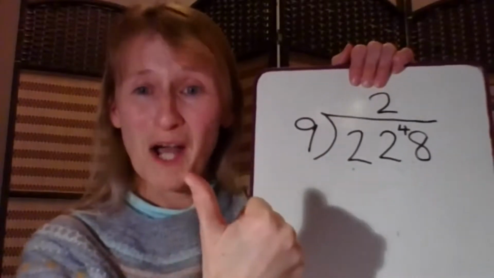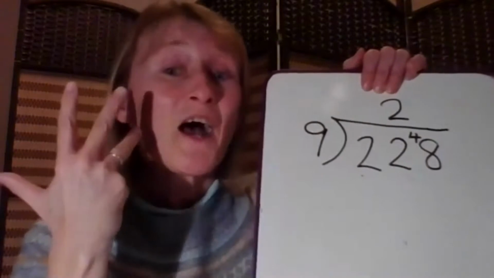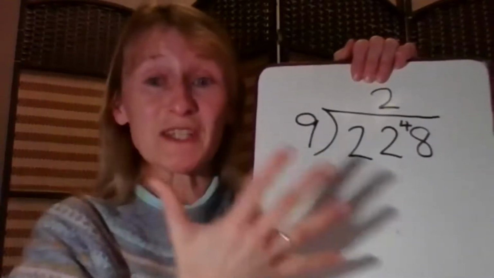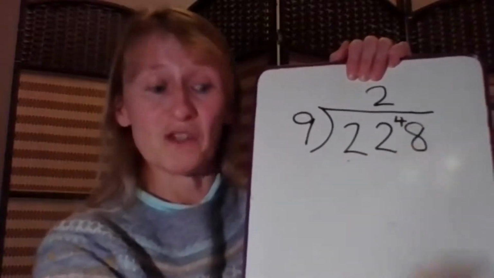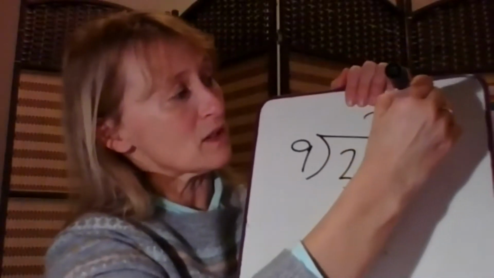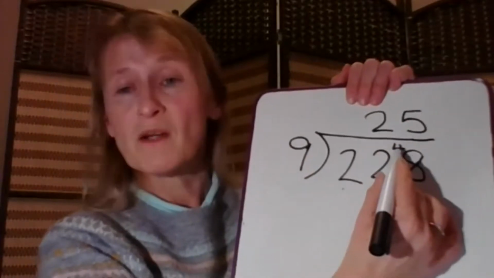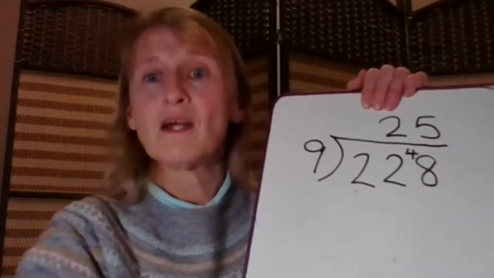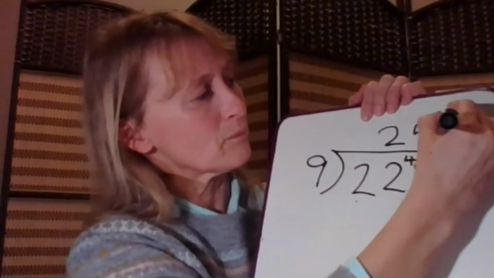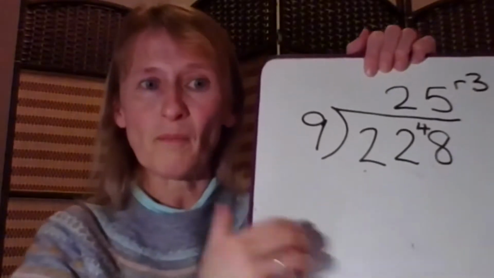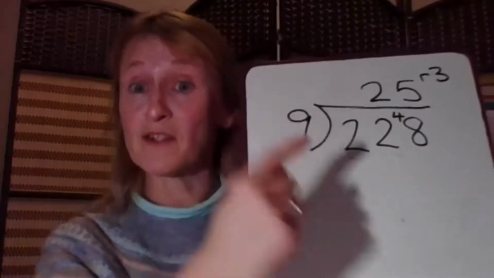Sorry. 9, 18, 27, 36, 45 is just less. 45 is the 5th multiple of 9, and that's just less than 48. So 9 times 5 is 45, 46, 47, 48, remainder 3. All right, so our answer is 25, remainder 3.